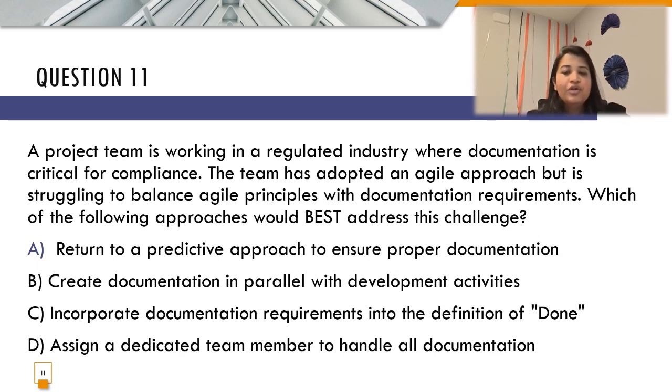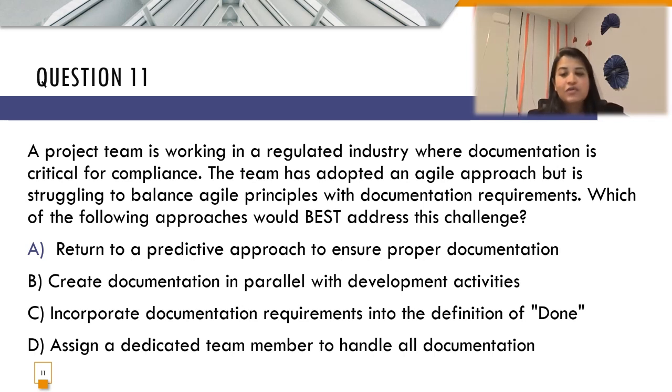Going to option B, which says create documentation in parallel with development activities. Creating a parallel stream is definitely a logical option, but it may lag the development aspects. That means it may cause delay in the development of the working software.